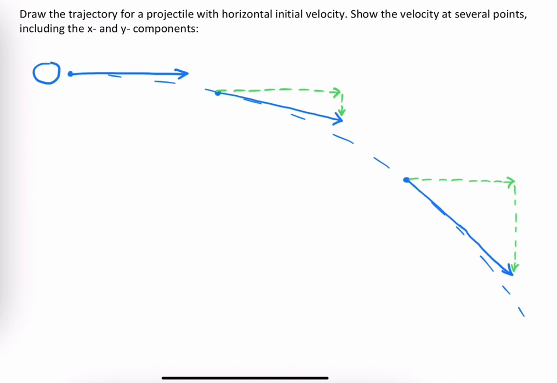So what you might notice about the velocities themselves, there's a few things that are changing. Compare these 3 blue vectors. One thing that's changing is the length of the vector is getting slightly longer every time.